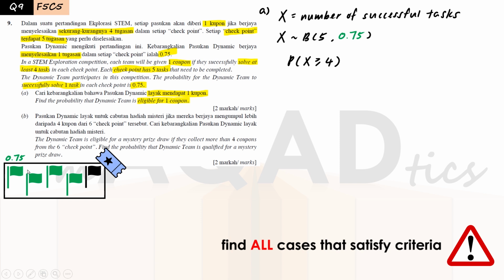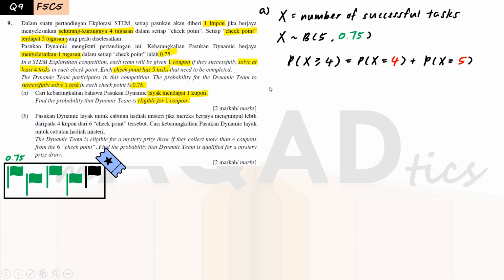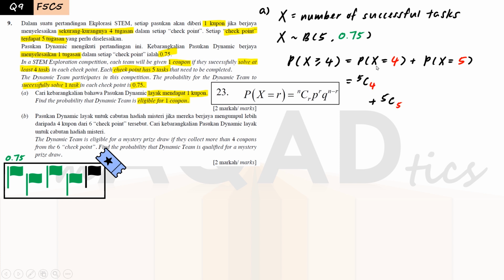The first case is that we successfully complete 4 tasks, so x equals 4. Another case is that we successfully complete all the tasks, so all 5 of them. To find this probability, we need to calculate the probabilities for these 2 cases. We can use the formula. We substitute all the information that we have inside here. n will be 5, and the value of r will be according to the red values here.